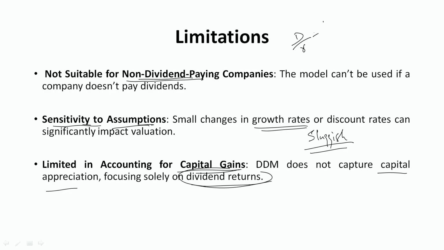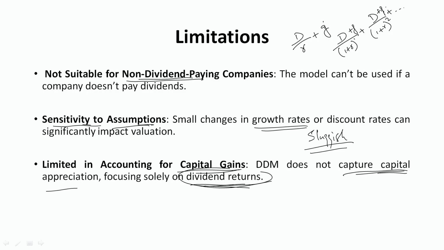If there is a growth factor, I can use it over there, or if it is a constant dividend, it would be like this, right. So, whenever I am doing this, I am not able to capture the capital appreciation. I am solely talking about the dividend growth or dividend return which the company is giving.